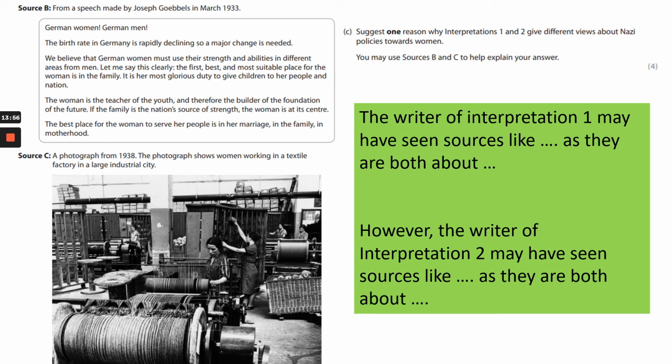So the writer of interpretation 1 may have seen sources like source C as they are both about women working when the Nazis were in power. However, the writer of interpretation 2 may have seen sources like source B because they're both about women being encouraged to stay at home and have children.